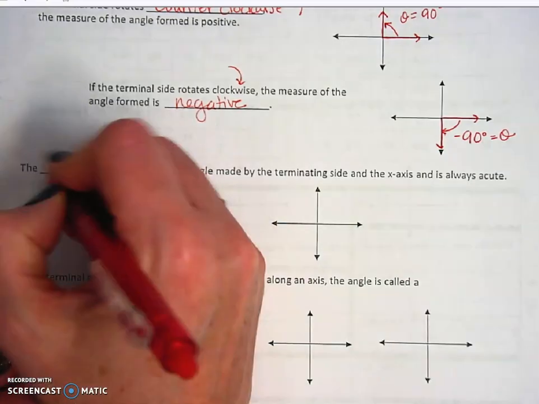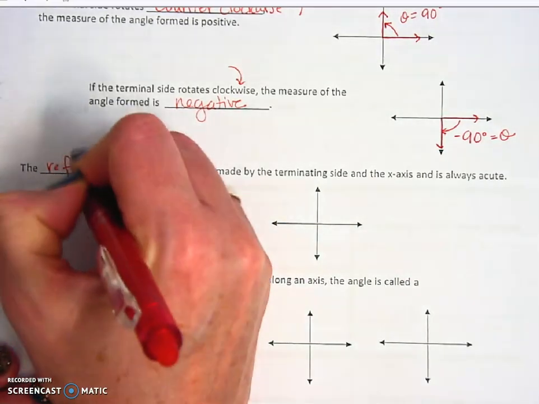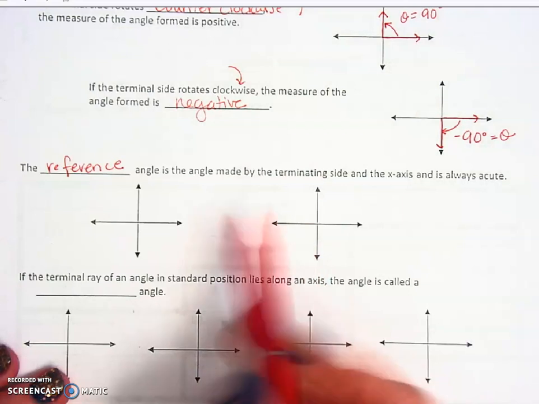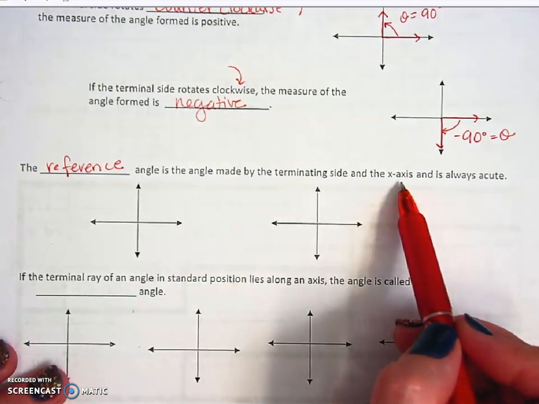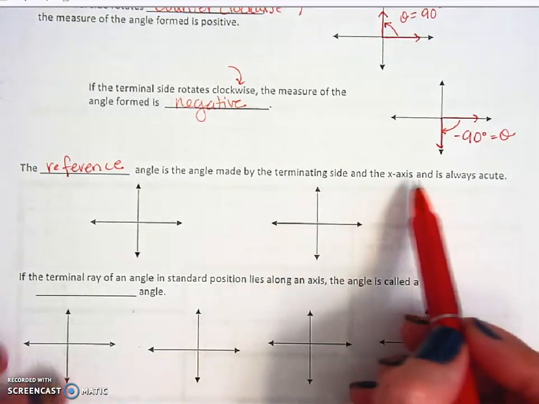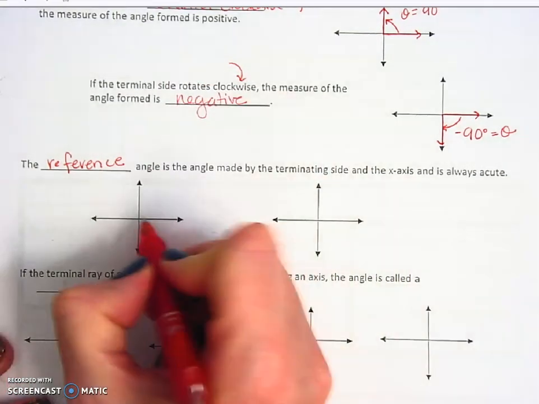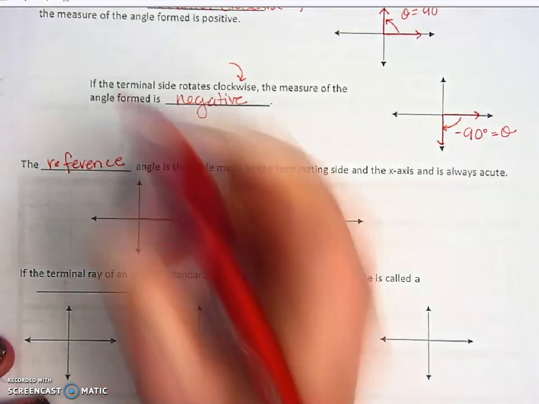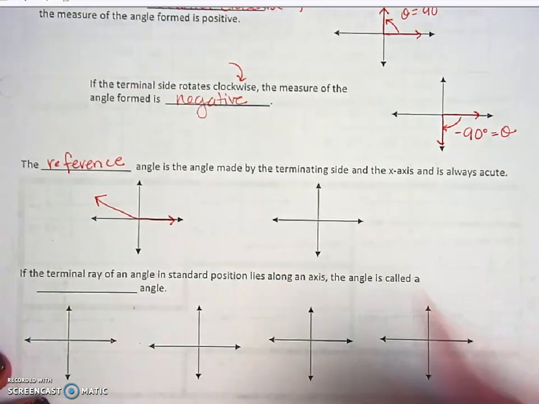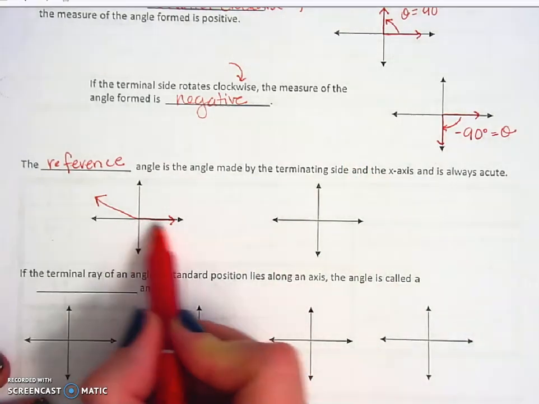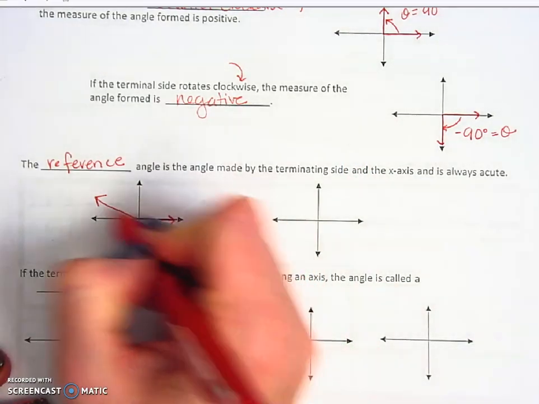Another kind of angle we'll talk about is the reference angle. It is the angle made by the terminating side and the x-axis and is always acute. So let's say I have this angle here. Here's my initial ray. Here's my terminating ray.